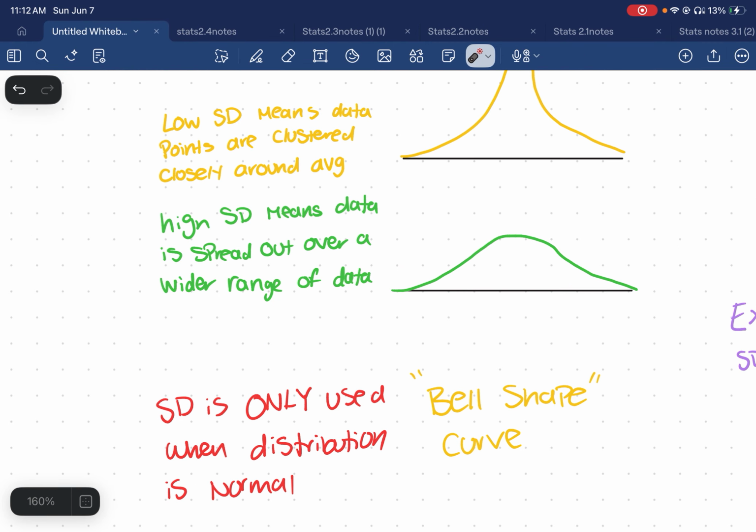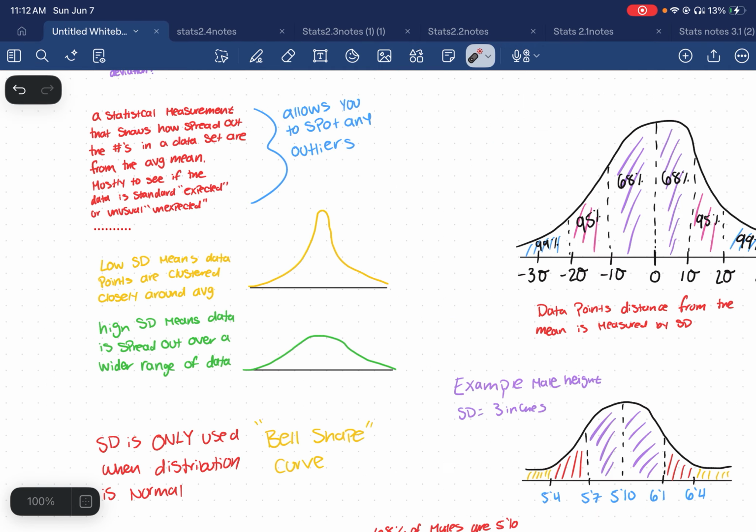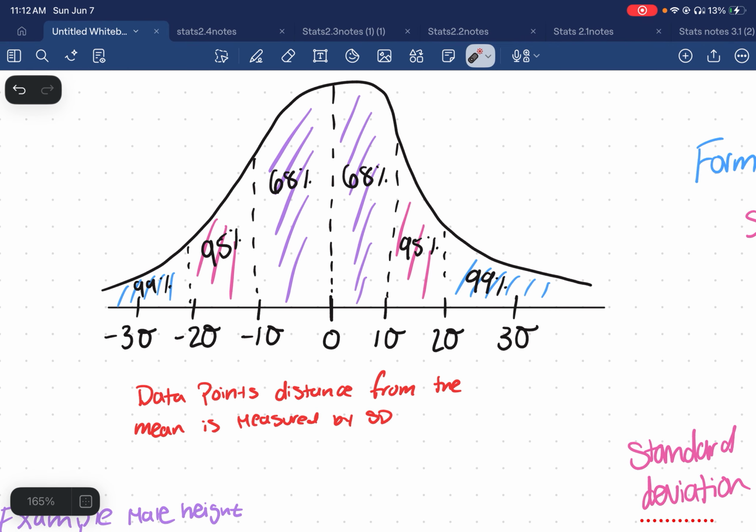So something to realize for standard deviation is that it is only used when the distribution is normal, which means that it is a bell-shaped curve, which is right down here. And for the bell-shaped curve, we have points and they are distanced around the mean, which is measured by the standard deviation.